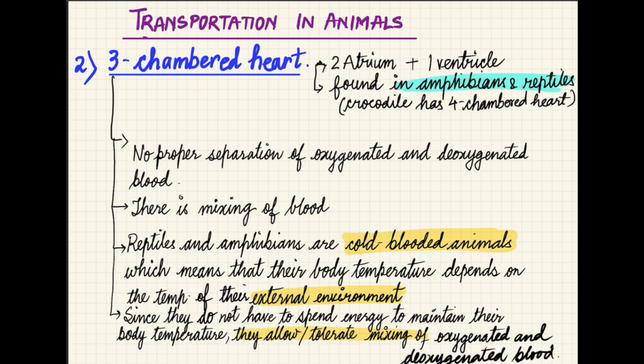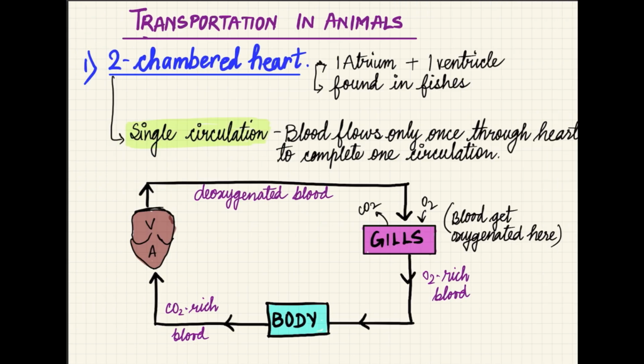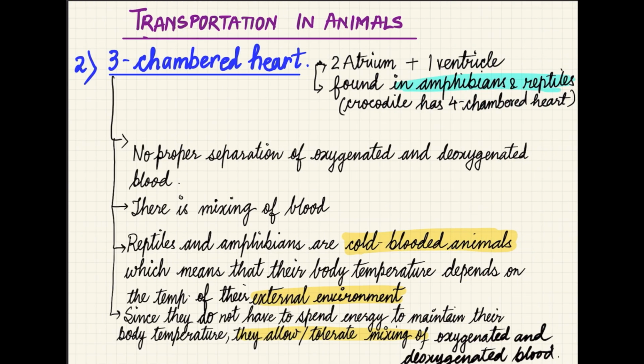In mammals and birds, they have a four-chambered heart, which is a very efficient system. So this three-chambered heart is better than the single circulation of the two-chambered heart, but it is less efficient than the four-chambered heart.